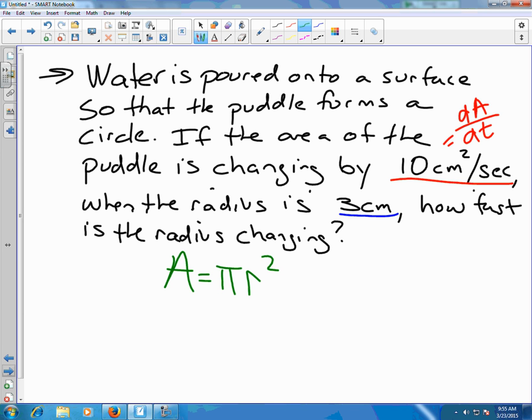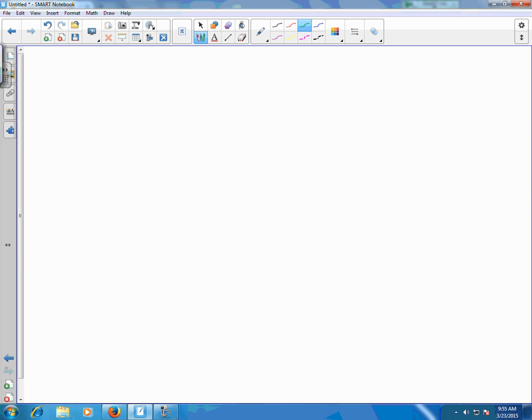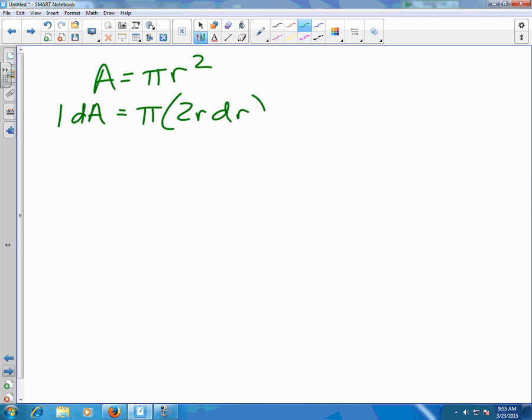So we're going to take the implicit derivative, and I'm just going to go to the next page. We'll come back to that. If we take the implicit derivative, we're going to get 1 times dA is equal to pi times 2r dr. Derivative of r squared is 2r.